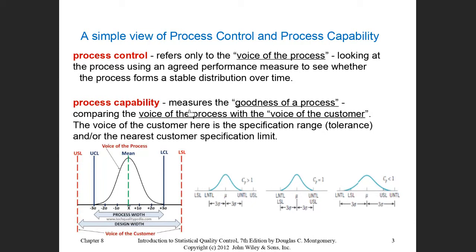That's why they refer to the process capability as the measure of the goodness of the process: how good the process is, how capable the process is. Recall that example: this person is capable of doing such an exercise, this engineer is capable of doing such a design. That means he has good enough skills to perform that task.